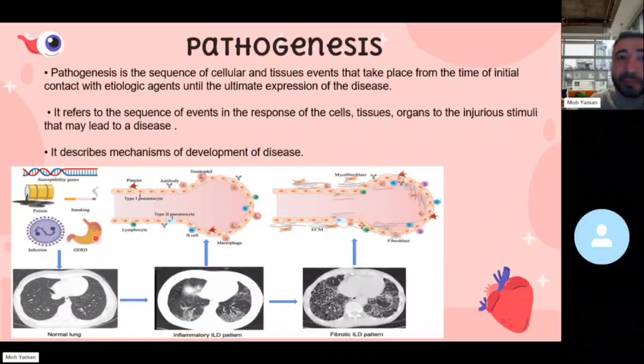With time, the pathogenesis is a sequence, a group of many factors appearing from the primary or initial contact with the etiological agents. Here it causes inflammation, and the end result is fibrotic disease.